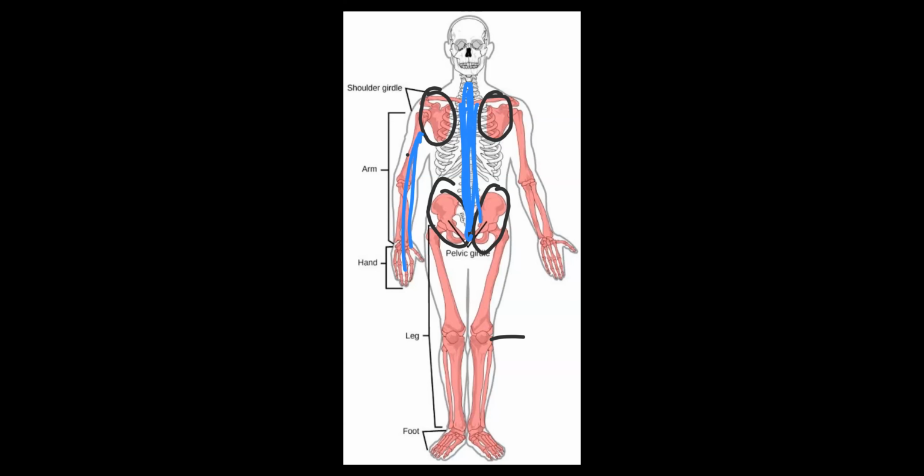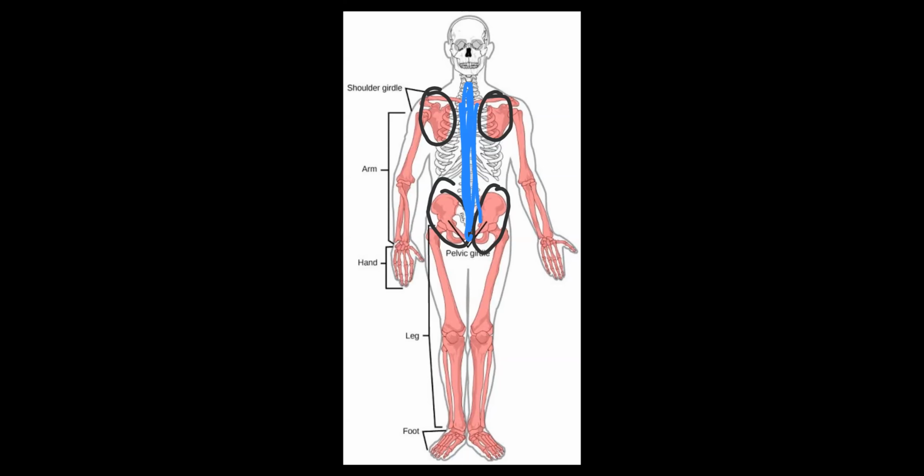So just have a look at it. Between forelimbs and the axial skeleton is the shoulder girdle or pectoral girdle. Similarly, between hind limbs and the axial skeleton, the connecting structure is the pelvic girdle.